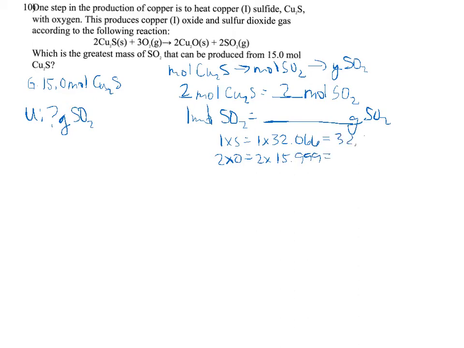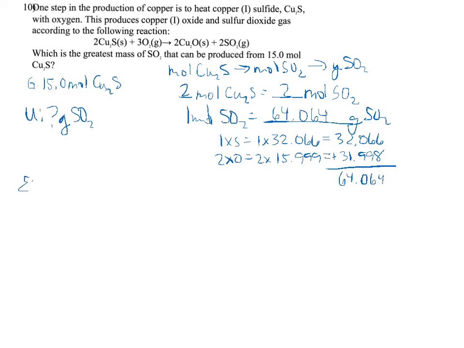So that's 32.066 plus 31.998. You just need to add those two numbers up, and you get 64.064. So that's our molar mass of sulfur dioxide.